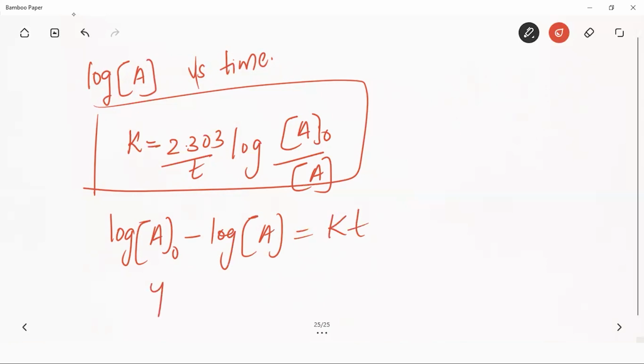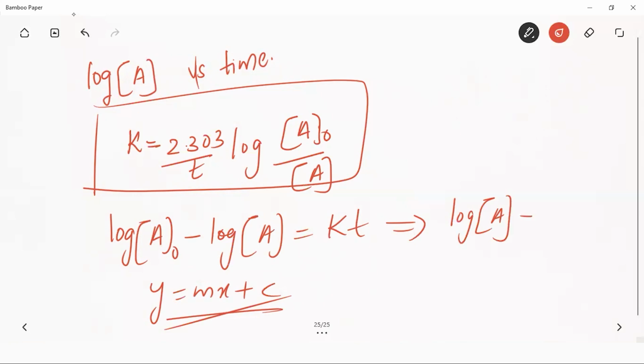This is in the form of y equal to mx plus c. If you take this to the right hand side, you will be getting log A, and you have to plot log A. So log A is equal to log A0 minus Kt. There is no 2.3 here, right? So you have to put it in.